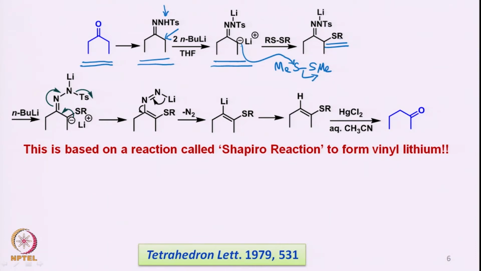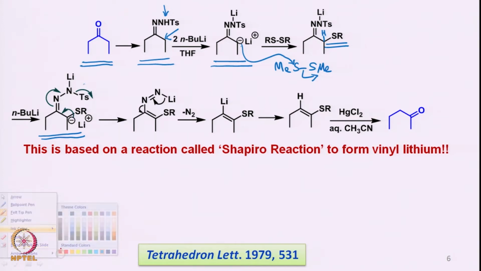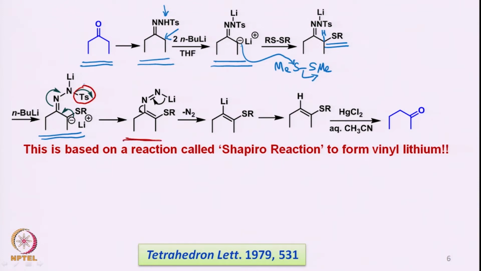Now you use one more equivalent of butyl lithium, so that you generate another anion from the hydrogen that is abstracted, which is easily formed alpha to the sulfur. That undergoes elimination the way it is shown here: the tosyl group is a good leaving group and therefore goes off with the movement of the negative charge to form this intermediate.